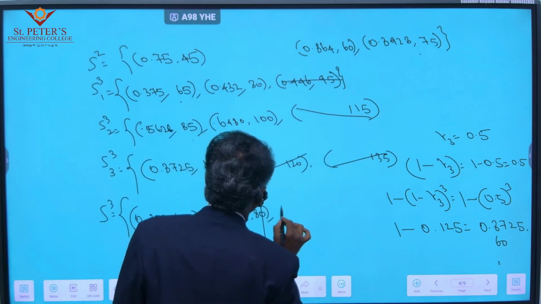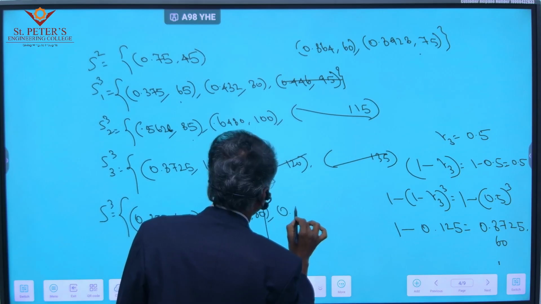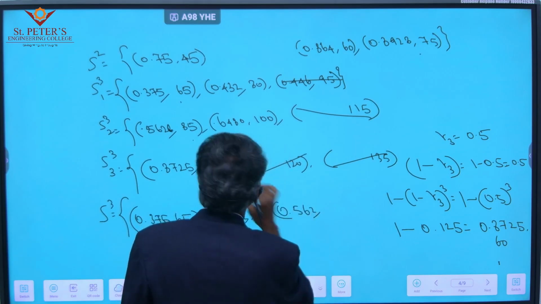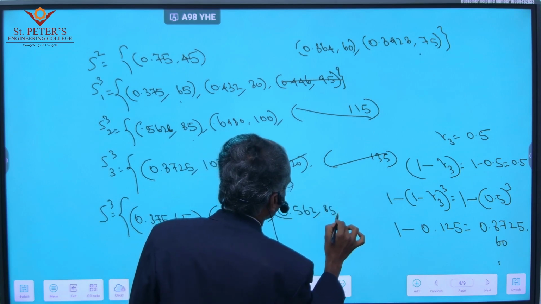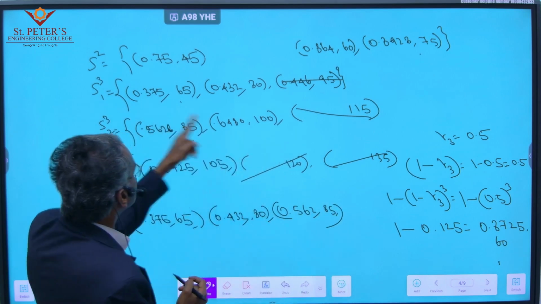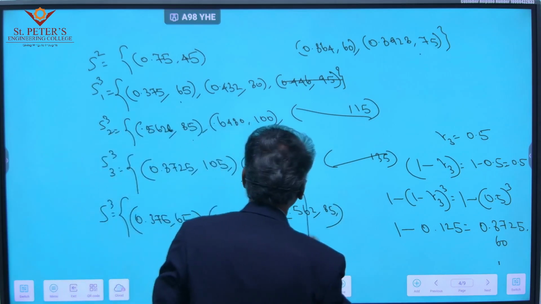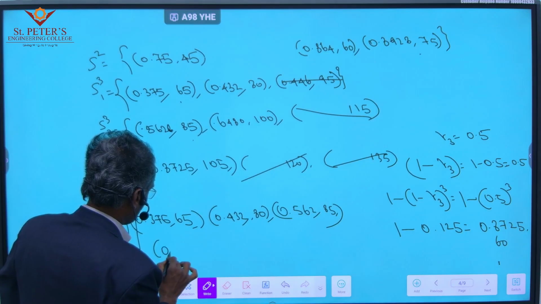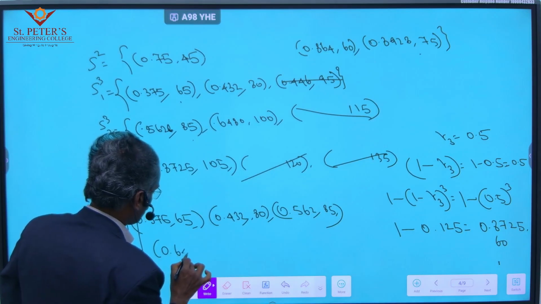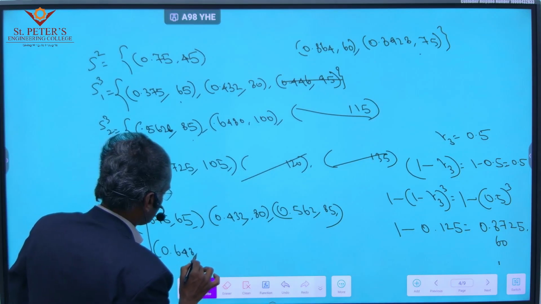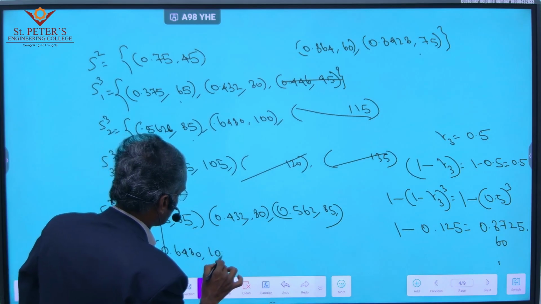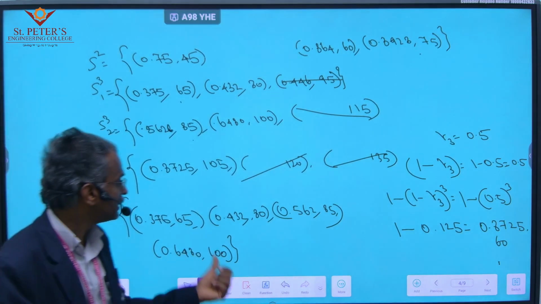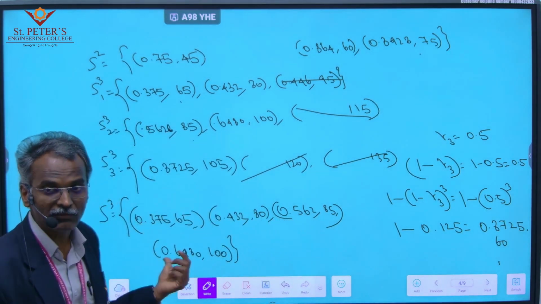So 0.562 comma 85, from 0.5626 at 85 to 100, this is good. So again 0.6480 comma 100. So for the third device also we have derived the sets.